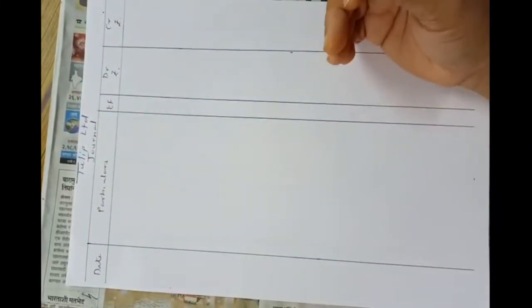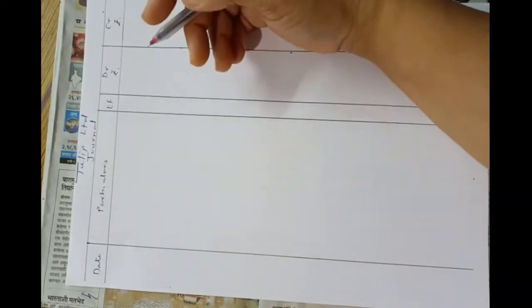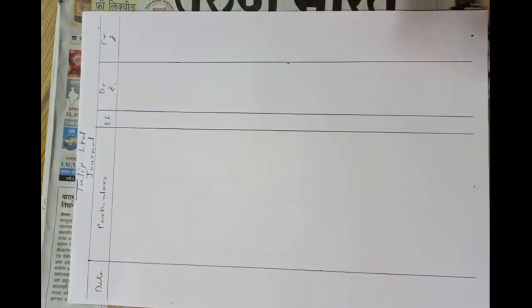So here we will pass the journal entries in the books of Tulip Limited. In this problem, we have discussed the problem already. The company issued rupees 4 lakh 9% debentures of rupees 100 each at a premium of 6%, means at rupees 106.